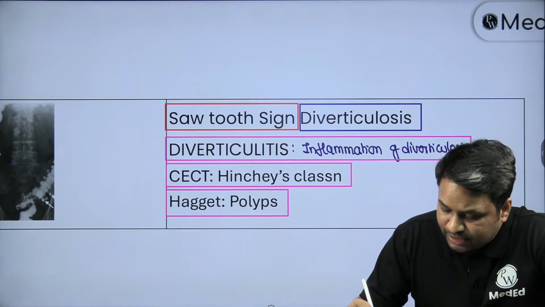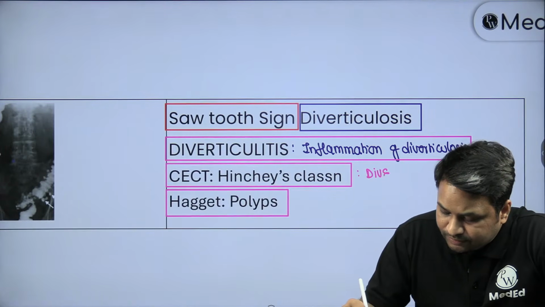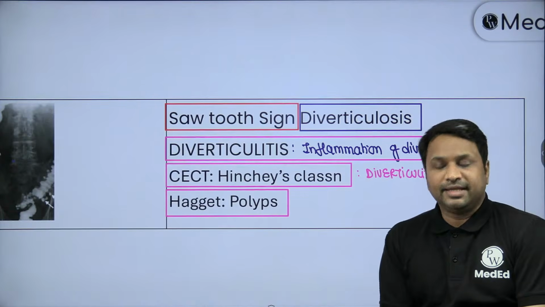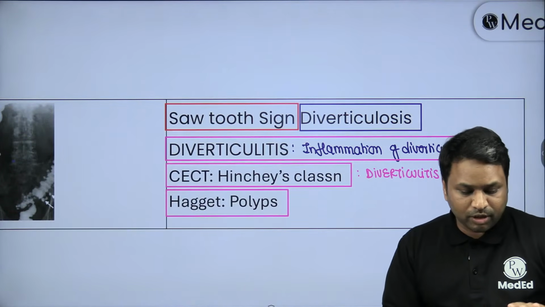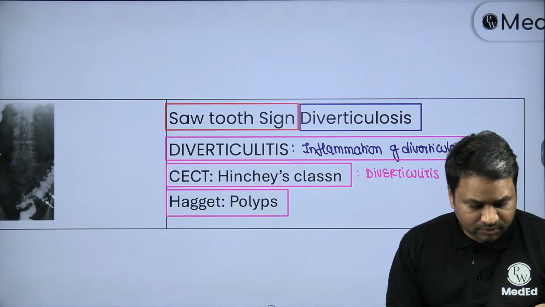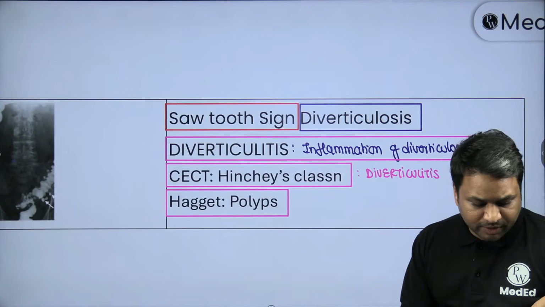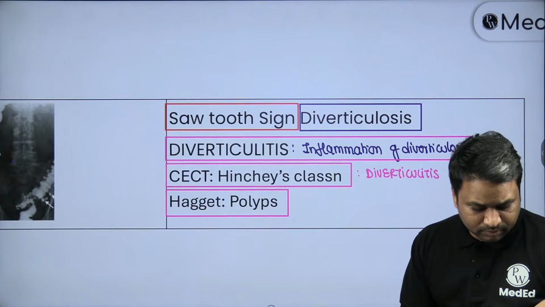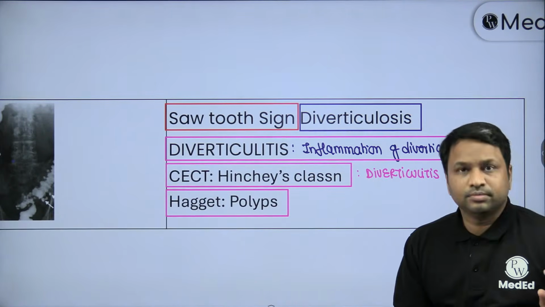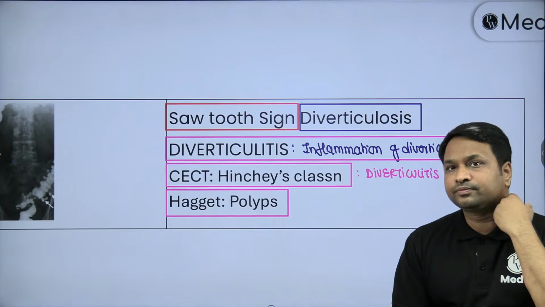So Hinchey's is for diverticulitis, and Haggitt's classification is for polyps. P for polyp. Okay. Clear?